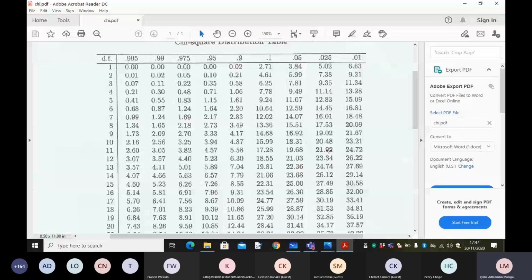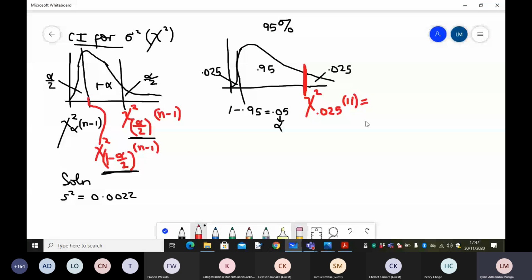So over there I can see 21.92. 11 intersecting with 0.025, we see 21.92.